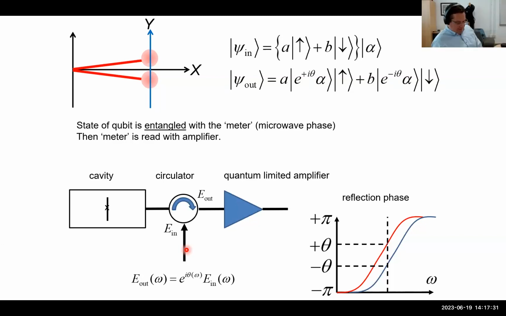Excellent. And then I think there were several questions along the lines of, sometimes you want a low Q cavity, sometimes you want a high Q cavity. Why do you want which for what? Right. So for readout, you want to do it quickly before the state changes. So you actually like to have a low Q cavity.